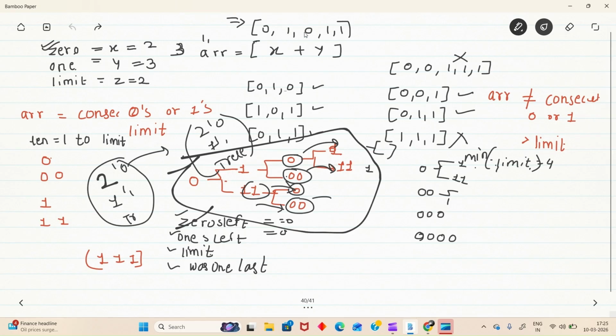If my limit is 2 and my zeros are also 2, I can use 0 once or I can use 0 two times.